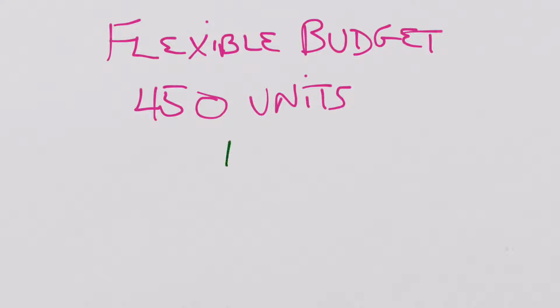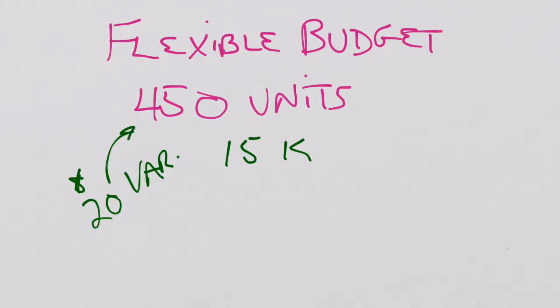In fact, what it should have been is 15K fixed plus $20 on the variable part of the overhead. That's the variable portion. $20 times 450, and that number is $9,000.